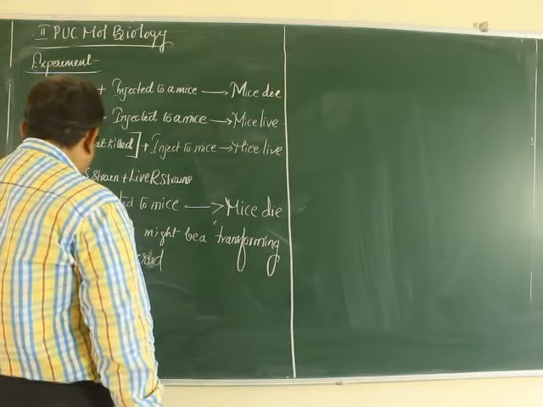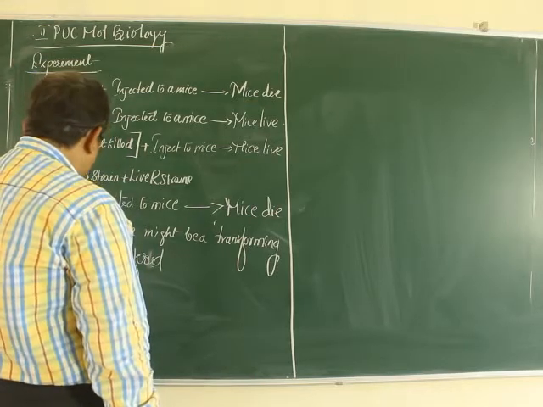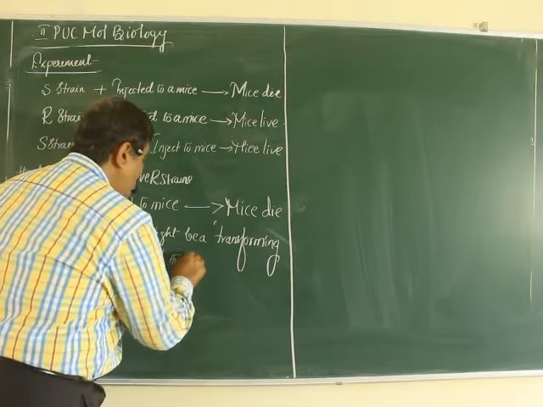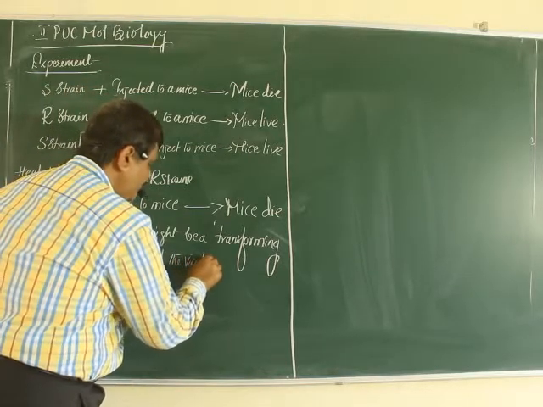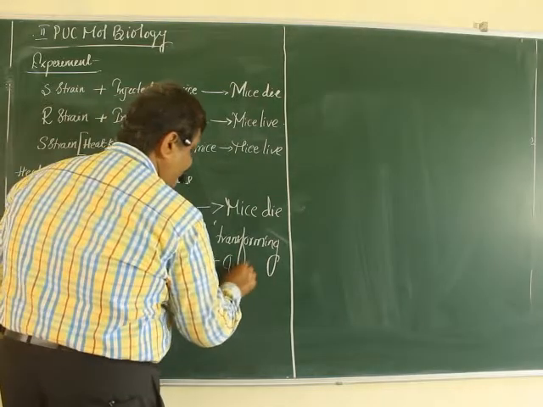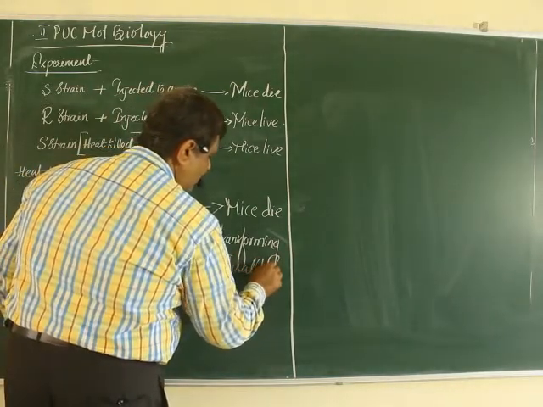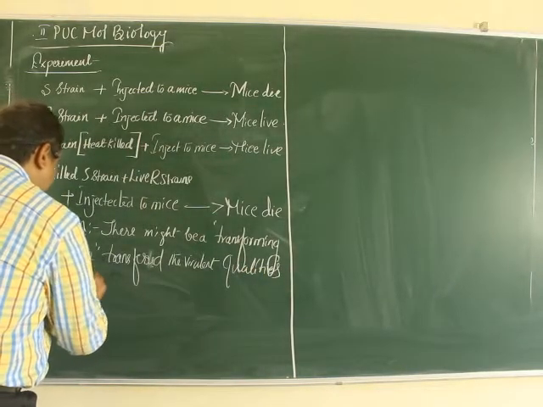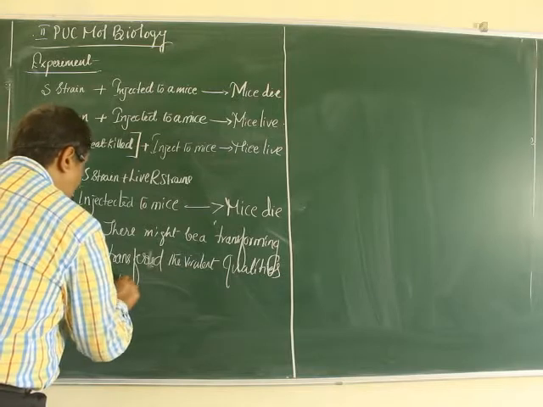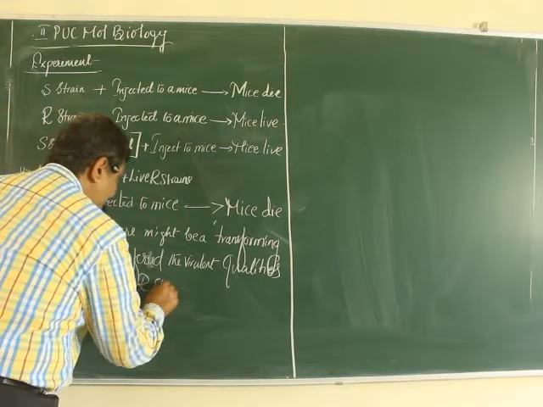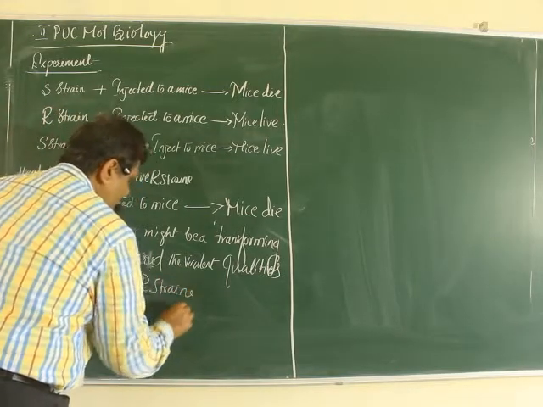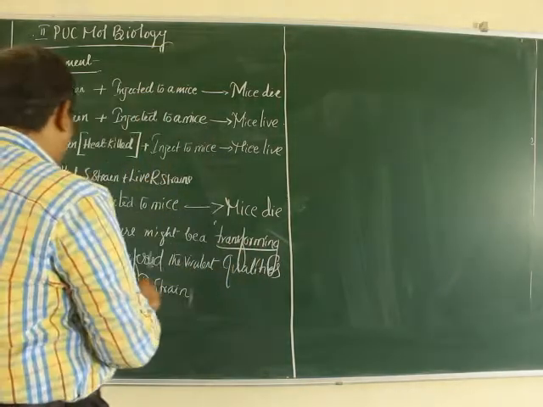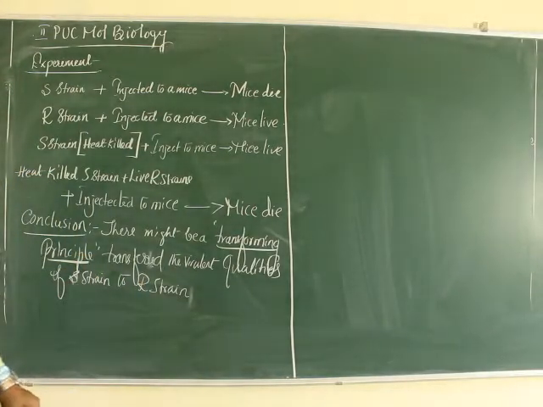The transforming principle transferred the virulent quality of S strain to R strain. But he was unable to tell what the transforming principle actually was, what the material exactly was.